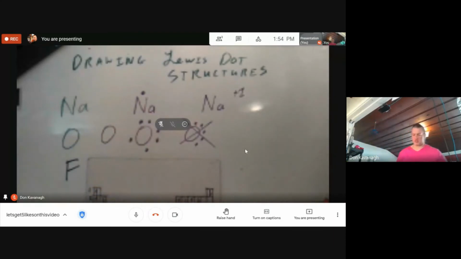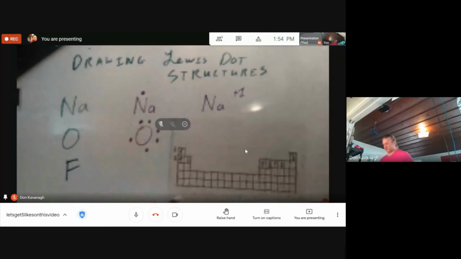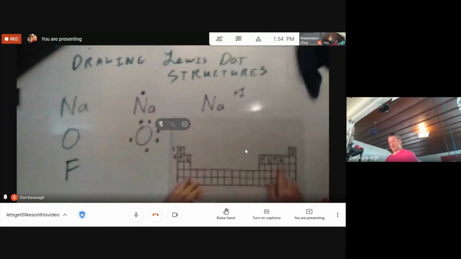The common charge for oxygen, if you look at my periodic table here, you can see that oxygen, like every atom, wants to have a full level or row of electrons. It can either steal 2 or lose 6.